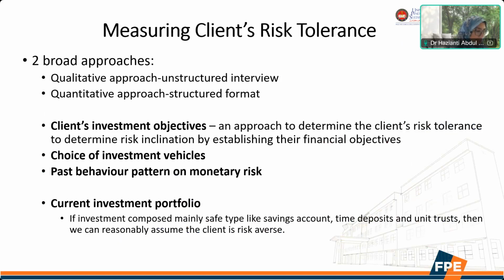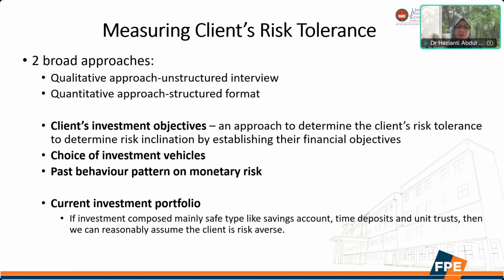And also their past behavior pattern on their monetary risk. Whether the person focuses more or thinks more about their finances or not. And we can also look at their current investment portfolio, if they have one.